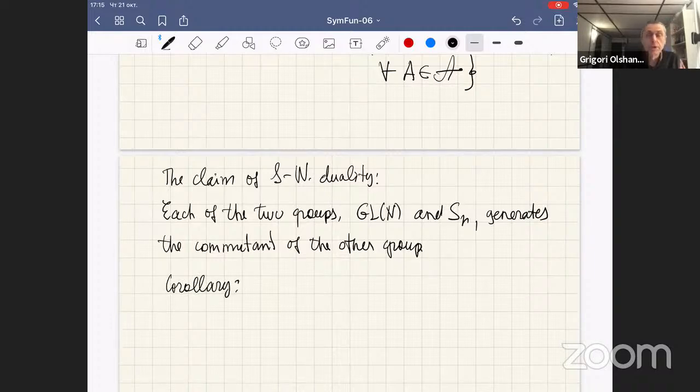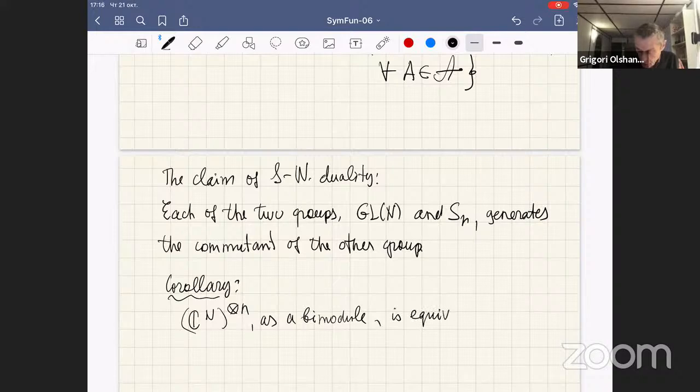This is some general argument from representation theory, which says that once we have two groups which are in such a kind of duality, then the decomposition of the space as a bimodule over these two groups looks as follows. I will use the terms module or representation as equivalent terms.